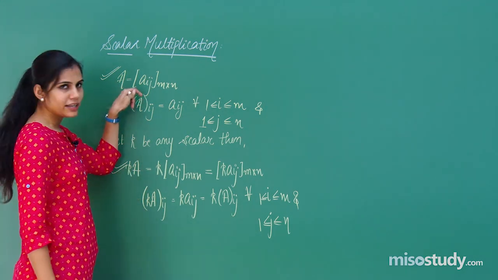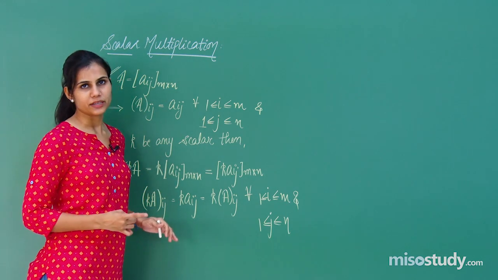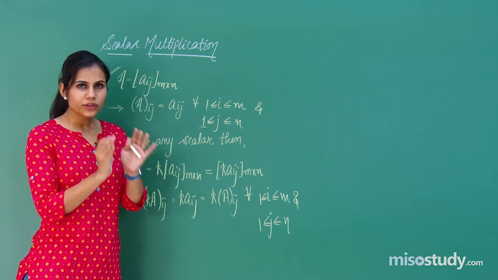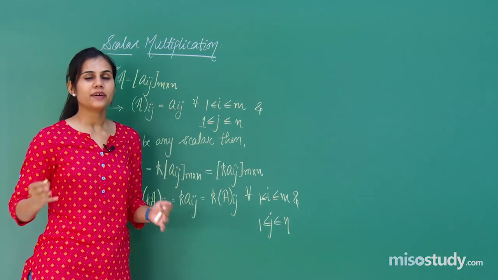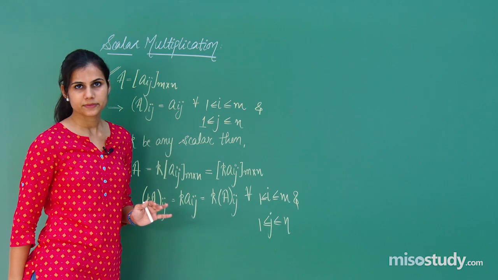You have just one matrix and one scalar to get this new matrix k times A. Because you have infinitely many scalars with you, with the help of one matrix and those infinitely many scalars, you can create infinitely many new matrices by multiplying those scalars with this given matrix.